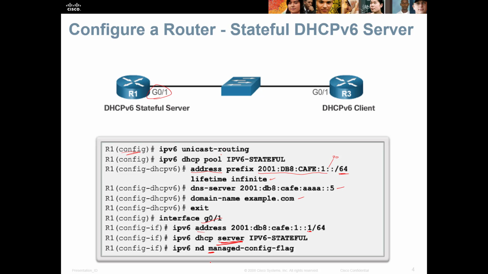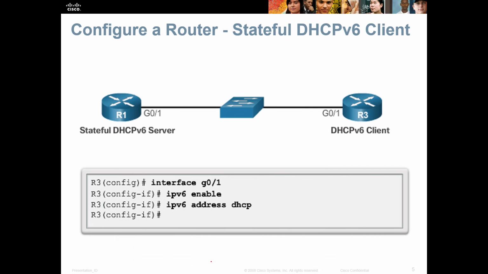Okay? That's straightforward. If we want to do the stateful configuration on a client, it's about as easy as the other one. What do you have to do? You have to get to an interface, and you have to turn on IPv6. Now, it doesn't have an address.